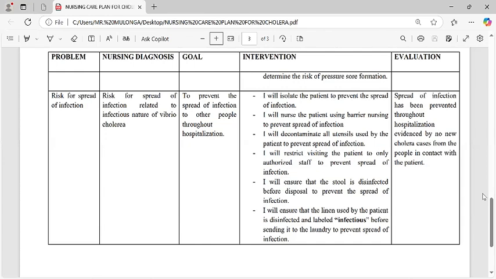We can also put another one, which has to do with fatigue, meaning there will be reduced activities, which is activity intolerance. So there will be reduced tolerance to activity. This patient will not be able to do as much activities as they would want because of the condition.